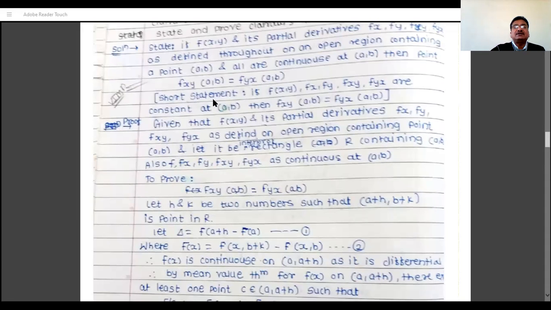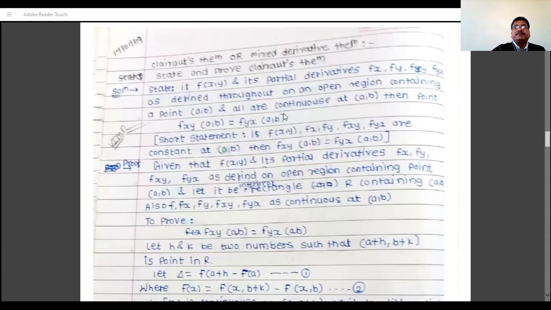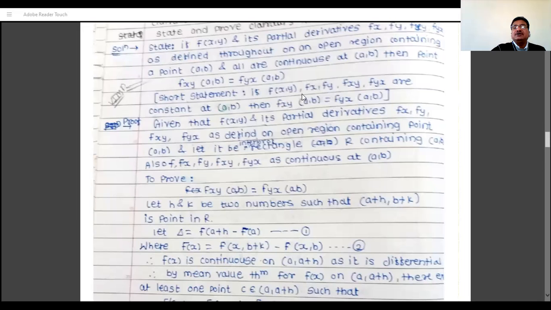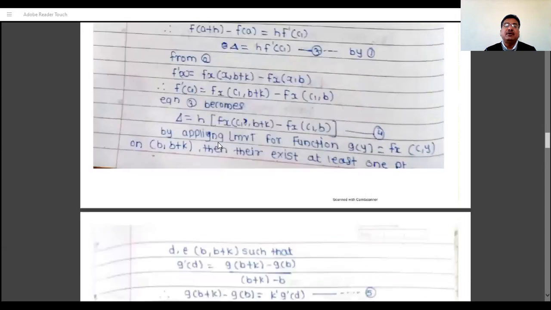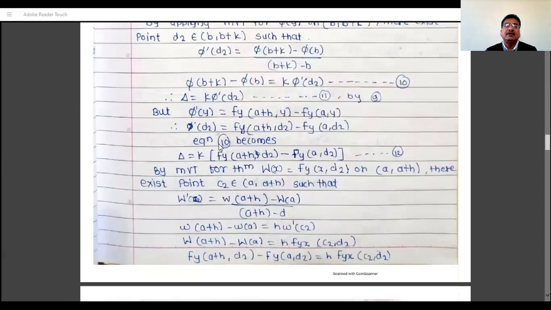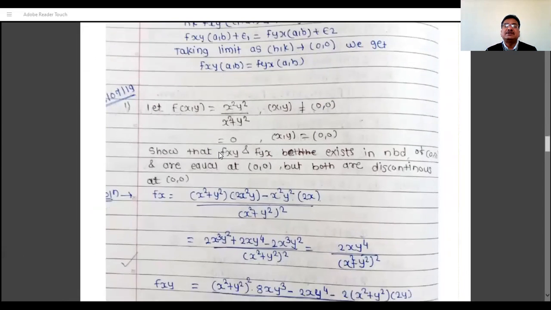So this is the short statement of the Clairaut theorem. That is, the function and its first order partial derivatives and mixed order partial derivatives are continuous at AB, then fxy AB and fyx AB are equal. So proof is not important. Proof is not in our new syllabus. So just remember the statement.